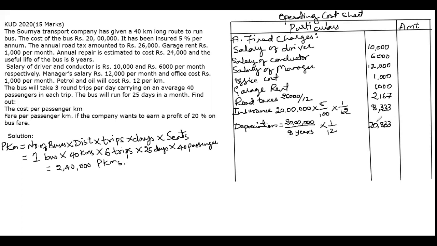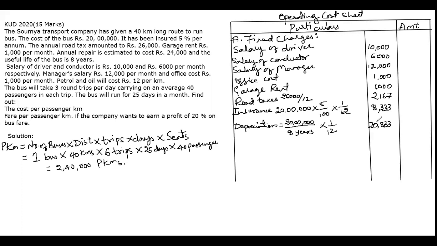Let's check out in the calc. 10,000 plus 6,000 plus 12,000 plus 2,000 plus 2,167 plus 8,333 plus 20,833.